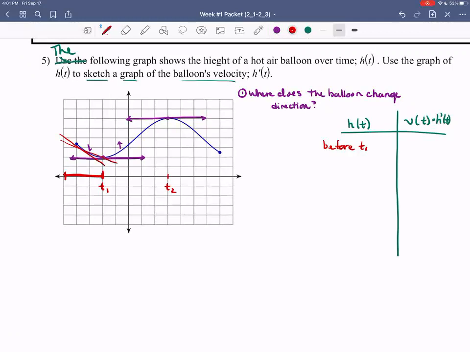Our tangent lines all have a negative slope. So our velocity is negative. One thing you'll also notice about the balloon itself on this interval, the balloon is decreasing in height. So when the balloon is decreasing, our derivative is negative. So here as well, before t1 and after t2.